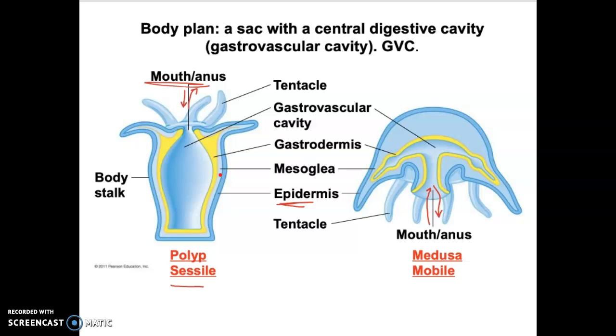So notice they don't have the endodermis layer. They have an epidermis and a gastrodermis, and that's it. The gastrodermis makes up the inner layer there. That's basically their internal layer. And what we don't see on here, but what is present, I'm going to change font to green, is that these guys have a very simple thing called a nerve net.